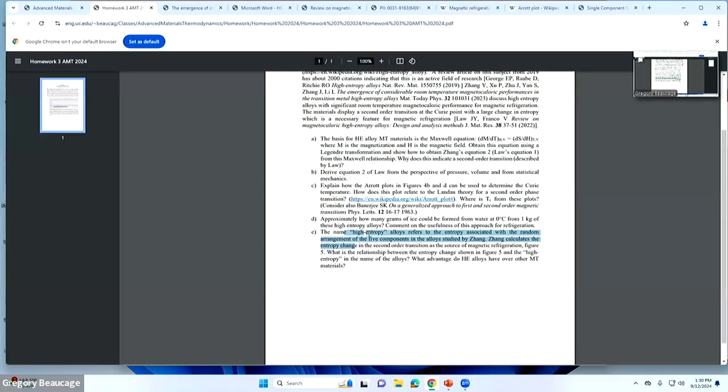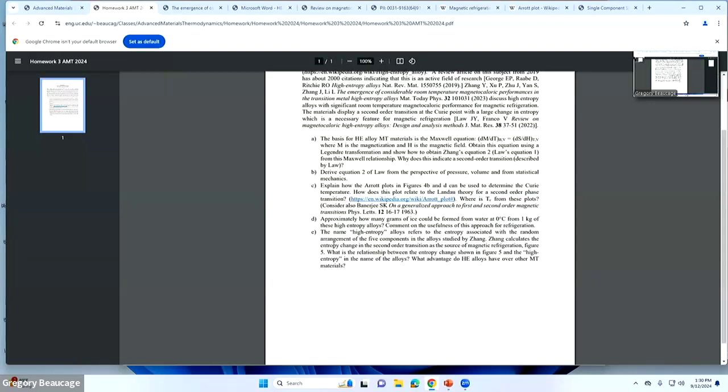Given a mixture of all these components, like 10% each, whatever it is, they can be located anywhere. If you include all the possible states that it could be located in and take the log of that to get the entropy, you get a big number. So it's a high entropy. But that isn't the entropy of the transition, which he's looking for to drive the refrigerator. So it's a kind of odd twist there.